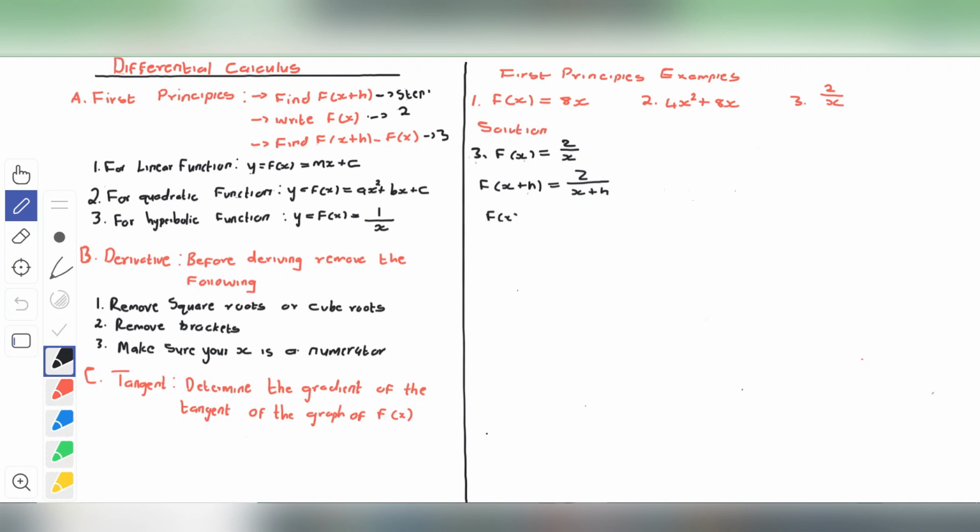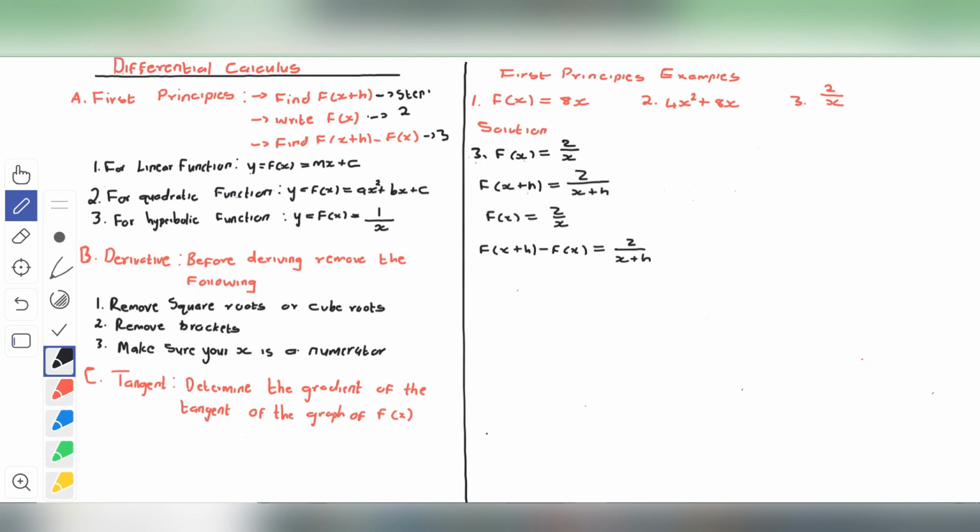Therefore, we can see that our f of x is equal to 2 all over x, right? Then we come to the third step, whereby we're going to find f of x plus h minus f of x, right? I hope now you follow all those three steps. So for f of x plus h, we have 2 all over x plus h, right?